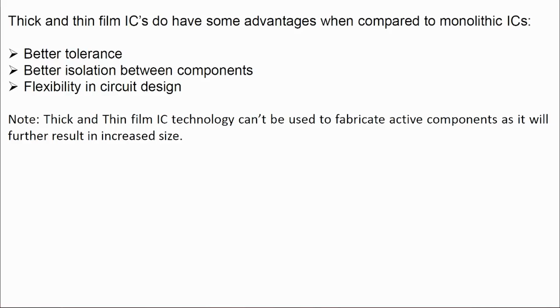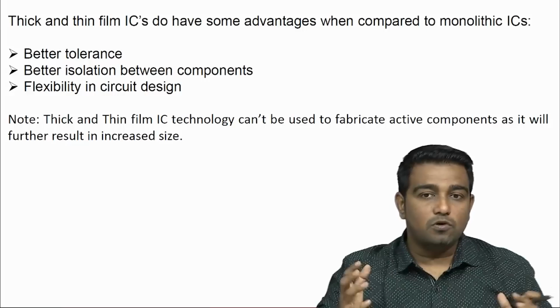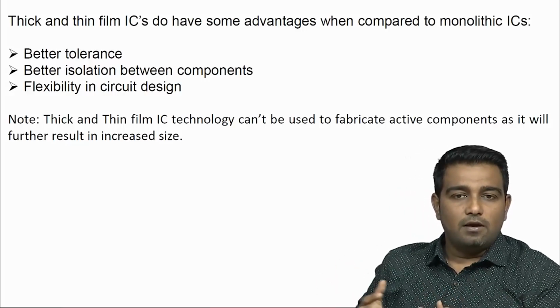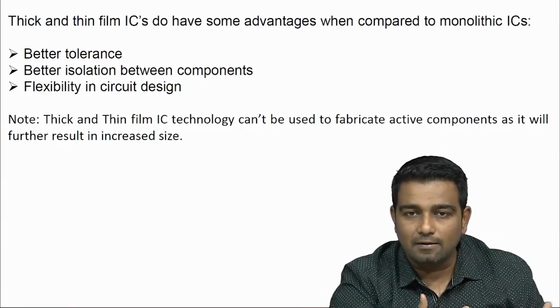Some advantages over the monolithic ICs are better tolerance, better isolation between components, and flexibility in circuit design. When we were using monolithic integrated circuits, the flexibility was an issue. Here we can design the thin and thick film ICs on a flexible substrate. Suppose you want to develop a flexible sensor, for example an electronic skin.